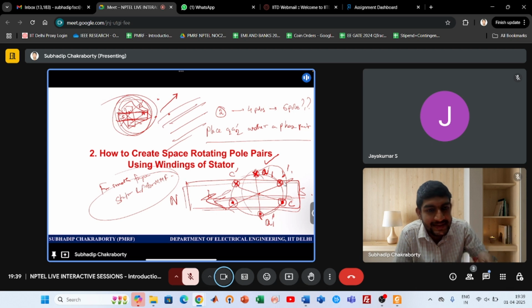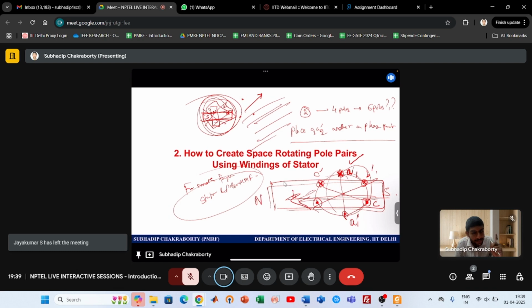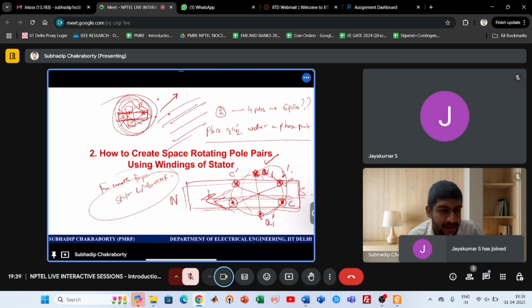Because maybe in the first case, when there was only one pole pair, many of the rotor bars group together to create one pole pair, right? Now you increase the number of pole pairs. So now a group of rotor bars corresponds to one pole pair, then a group of other rotor bars corresponds to another pole pair. Initially, many rotor slots were grouping themselves to create one pole pair.